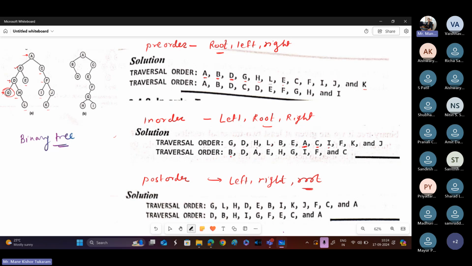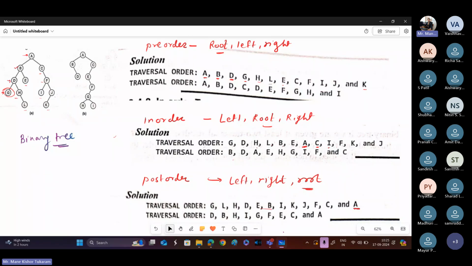So similarly for this particular tree, and in post order, first left, then right, and at the end root. Okay, so root is processed at the end. So left elements are G, then we are having L, that is right, then H, then E, B. Okay, so this is the left part. Then on the right we have I, K, J, F, C, and then A. Okay, so this is the particular process.